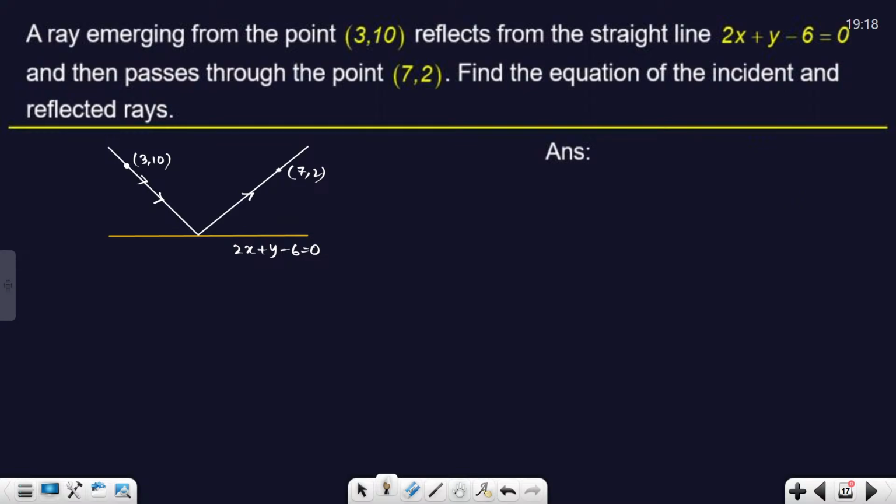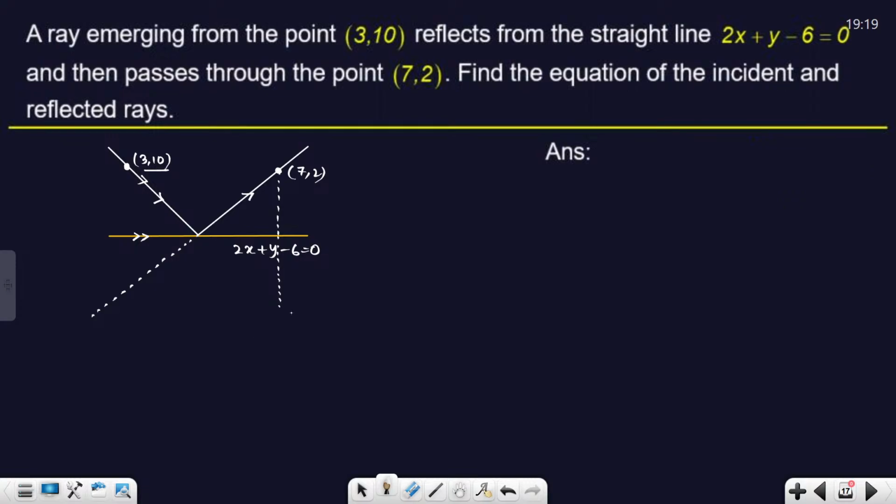Now, how to do that? Very simple. There is a point 3, 10. I will find its image with respect to this line mirror, so that point is going to fall on the reflected ray. Similarly, I will find the image of 7, 2, which is a point on the reflected ray, with respect to this line mirror.